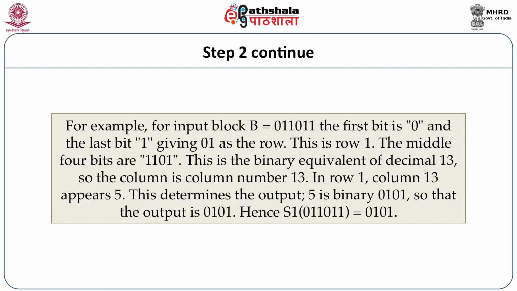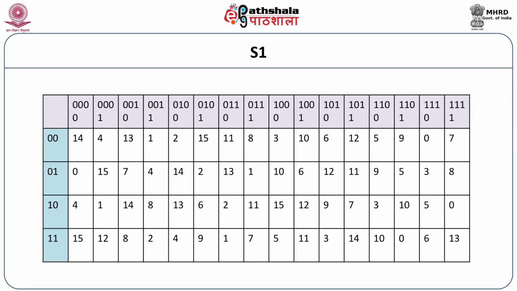We can say S1, that is S box 1, with the input 0, 1, 1, 0, 1, 1 gives you the output 0, 1, 0, 1. For your reference, I have kept S1. You can check, it represents the rows from 0, 0 to 1, 1, and the columns from 0, 0, 0, 0 to 1, 1, 1, 1.